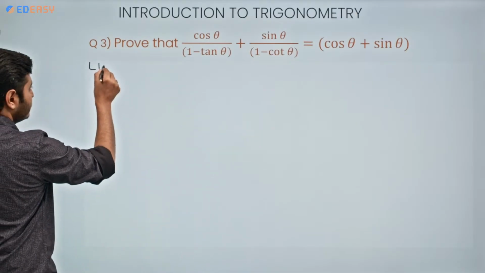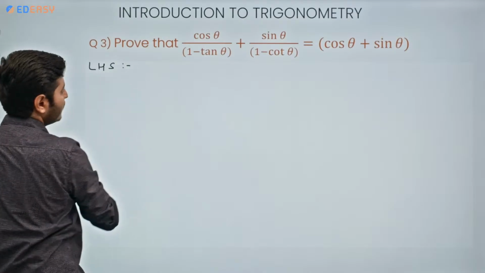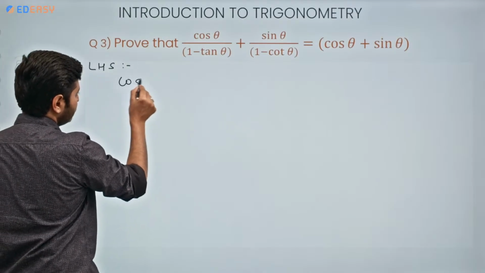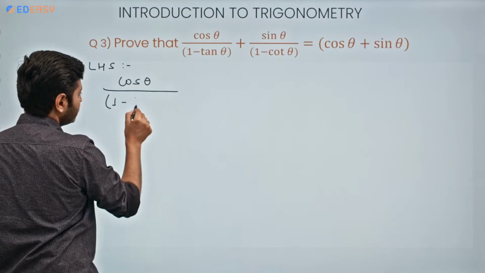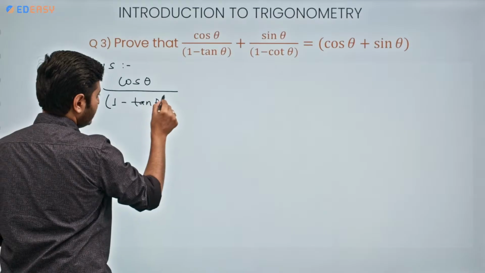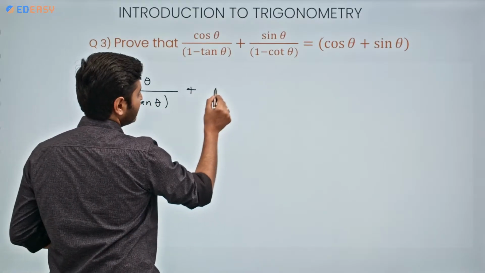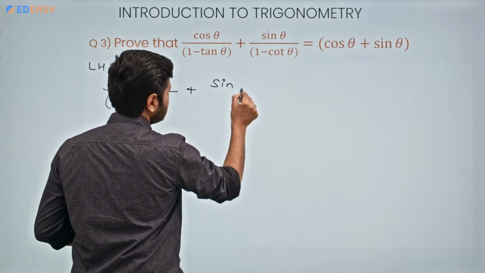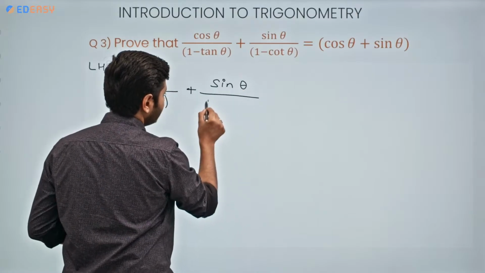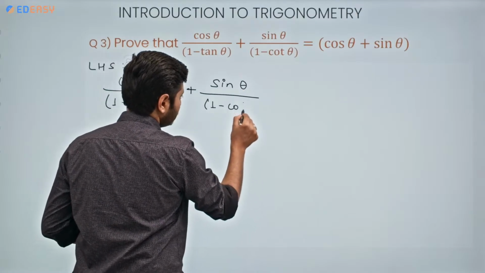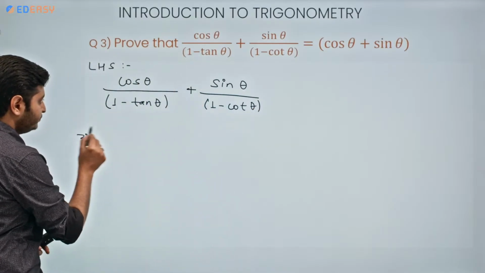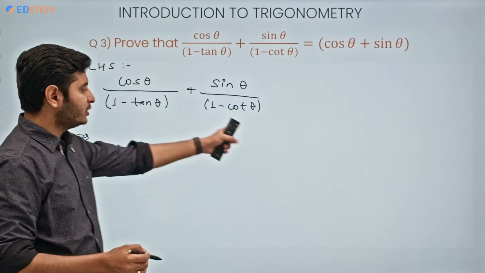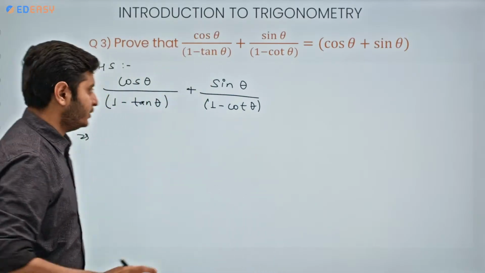LHS: cos theta by 1 minus tan theta plus sine theta by 1 minus cot theta. Now, tan theta and cot theta are two values which we need to convert, correct?